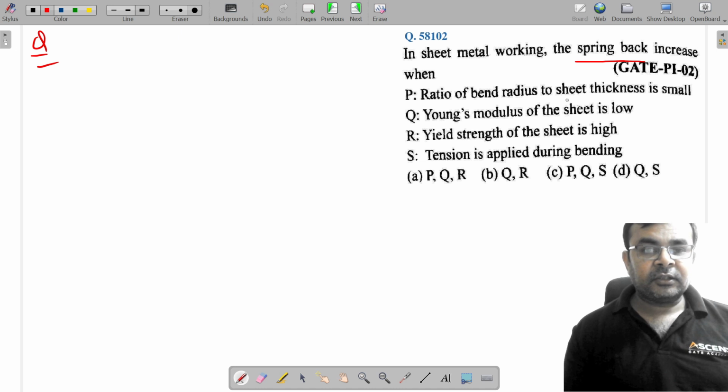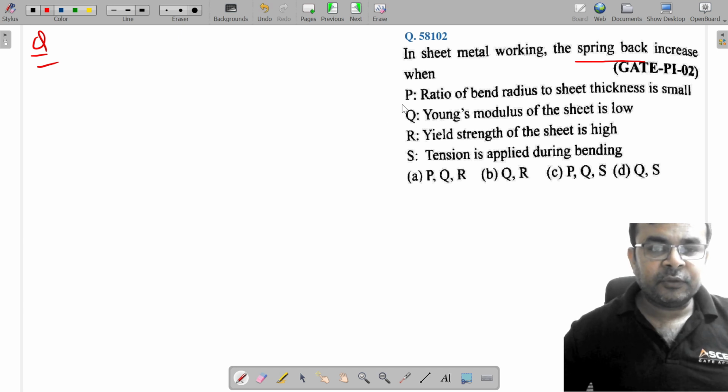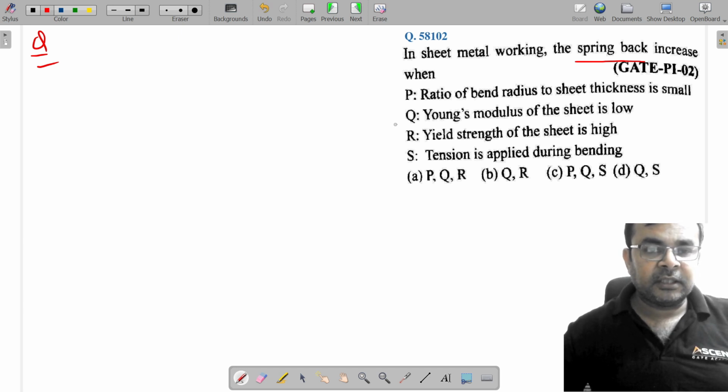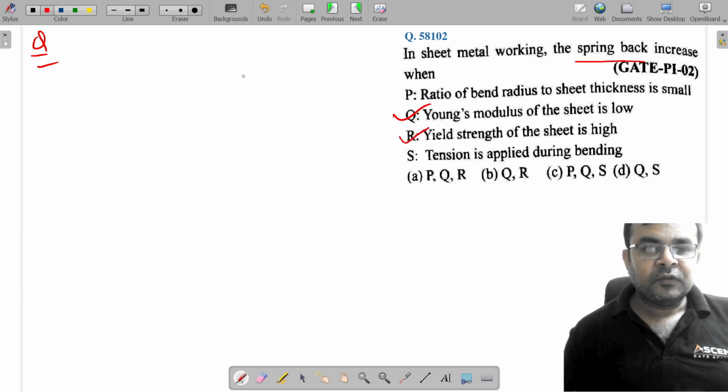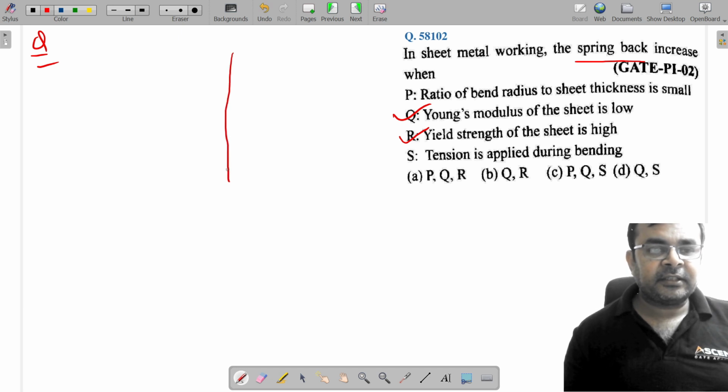the ratio of bend radius to the sheet thickness is small, the Young's modulus of the sheet is low, the yield strength of the sheet is high, the tension is applied during bending. If you have more Young's modulus, then more spring back takes place, and the yield strength of the sheet is high. Obviously, if you have higher yield strength, then more elastic strain energy will be stored.